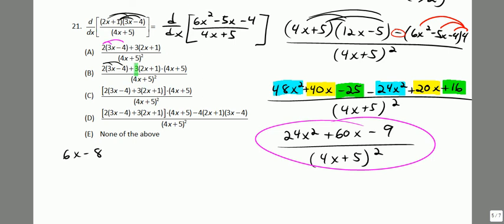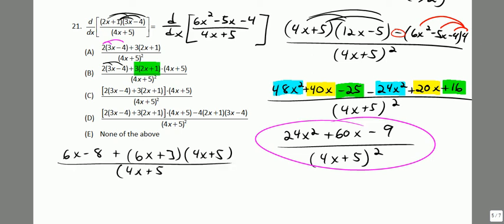And then I'm going to distribute the 3 into this, so plus 6x plus 3 times 4x plus 5, and I FOIL that out. So that's all over 4x plus 5 squared.